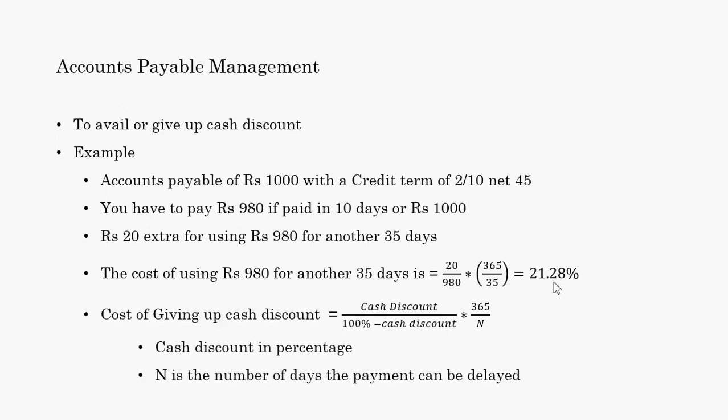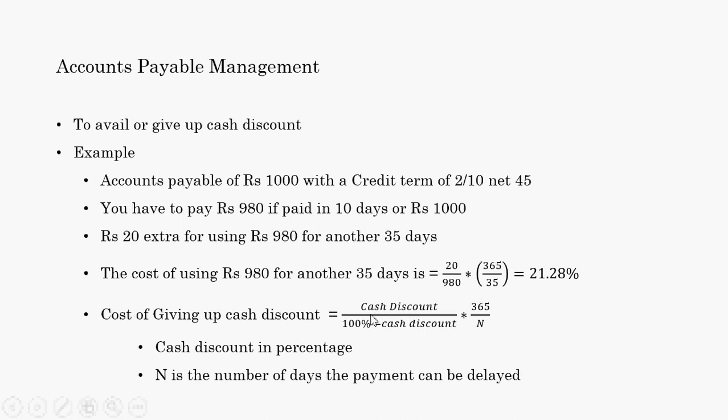The simple formula to calculate the cost is cash discount divided by 100% minus cash discount, into 365 divided by the number of days the payment can be delayed. This is the formula we have used here to calculate this 21.28%.